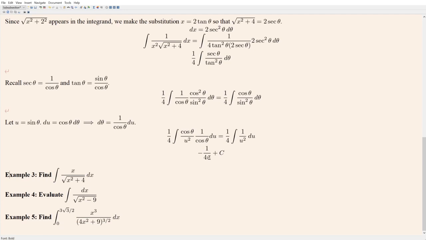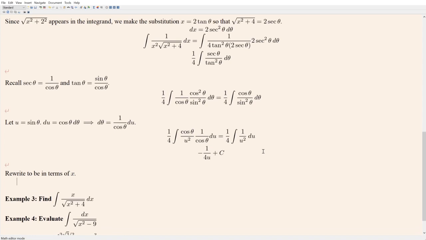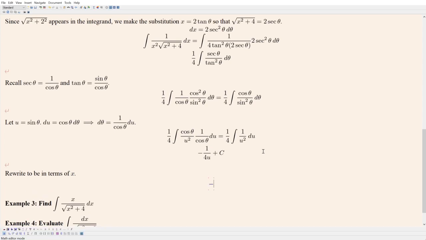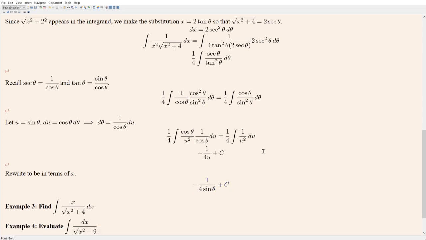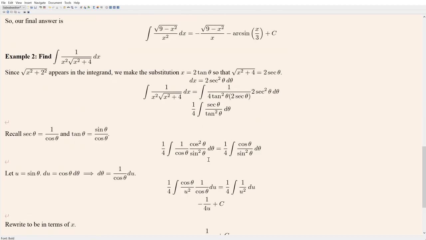First off, u was equal to sine theta. Now, what was sine theta?